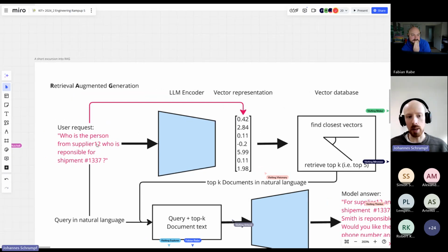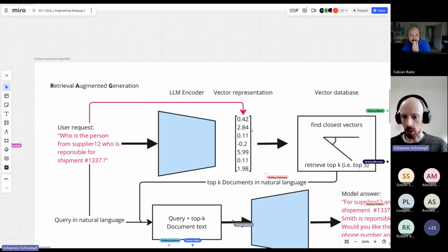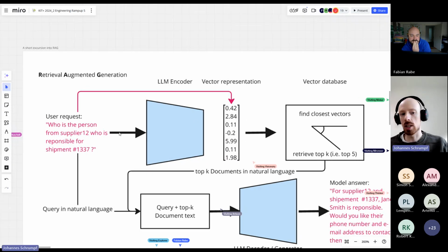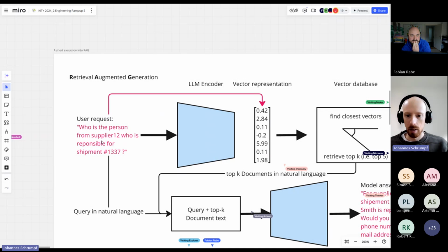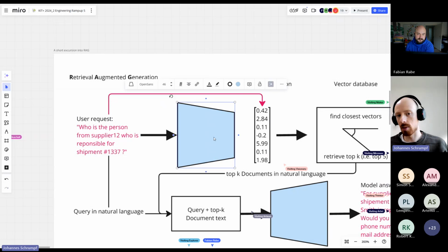So there's a direct correlation between this text here, the input query, and this vector representation here. This vector representation is just this particular input query passed through our large language model encoder.